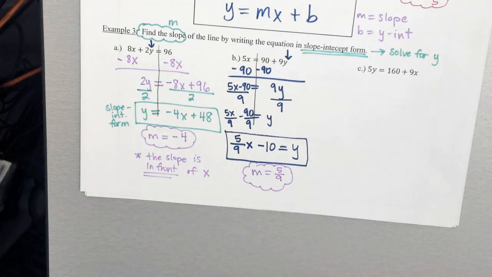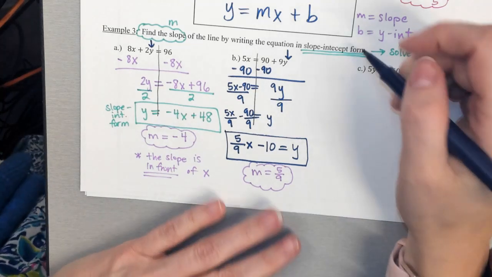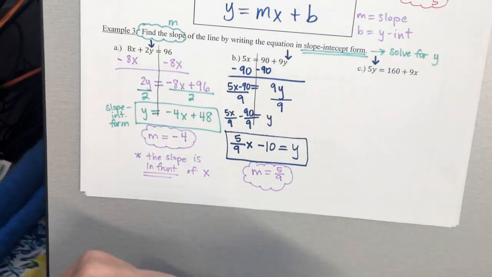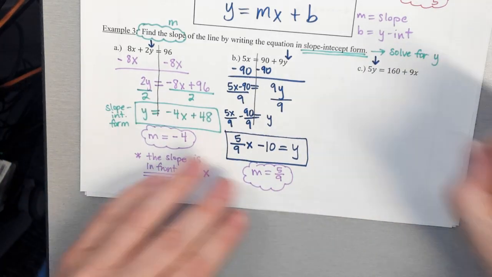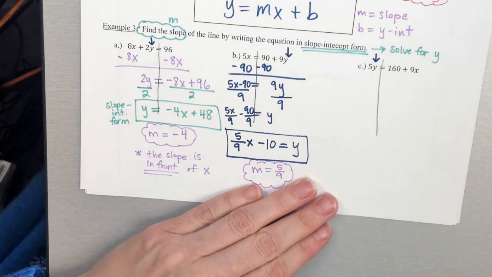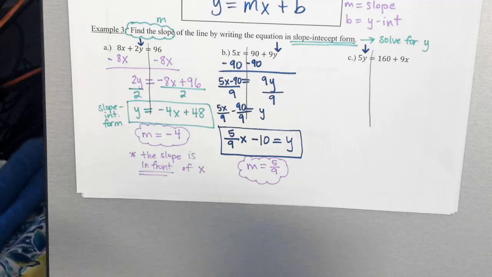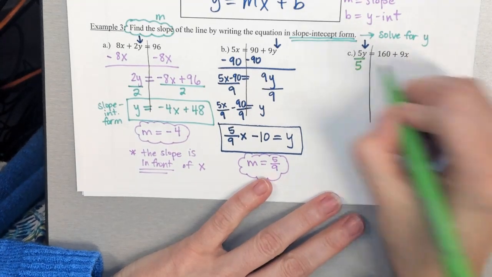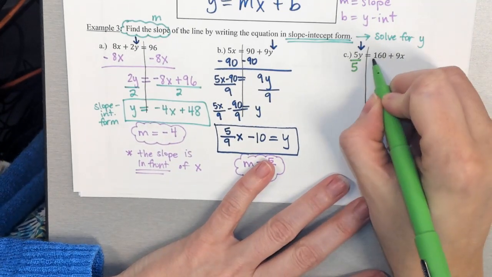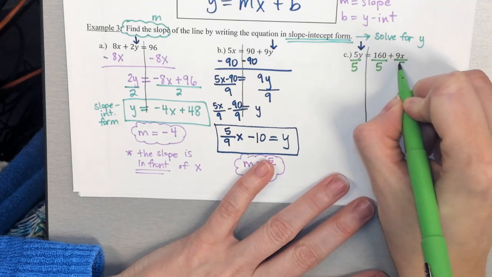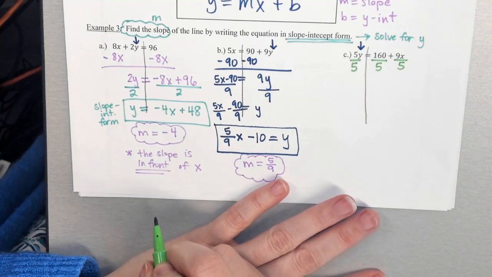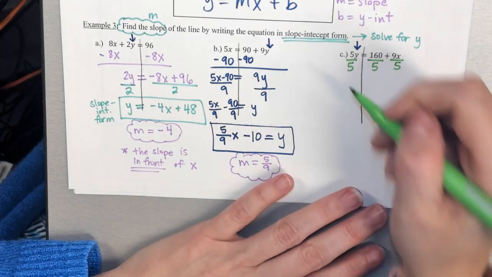Okay, and here's one more type that you could see. So now your y is almost by itself. It just has this 5 in front. So anytime they're stuck together with multiplication, we are just going to divide. And when you divide these, if you want to write it like this, like you're dividing each one by 5, you can absolutely do that.